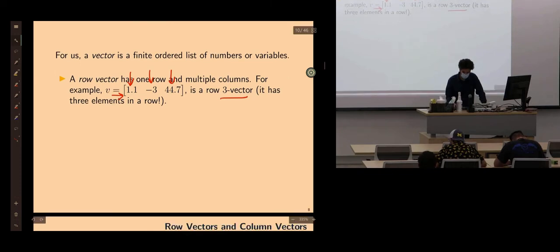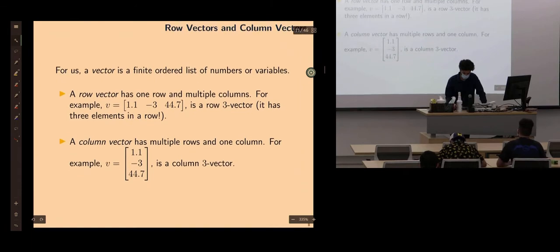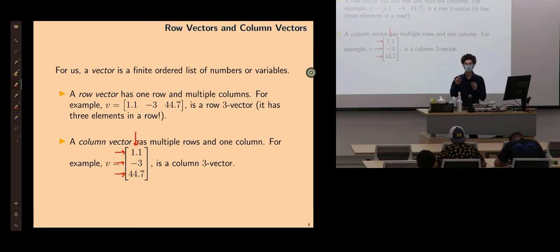We can obviously try the other way. We can have a column vector. Now we have multiple rows and 1 column. So when you say row vector, the term that you use is unique. Row vector has only 1 row. Column vector has only 1 column. And you have many rows for a column vector.